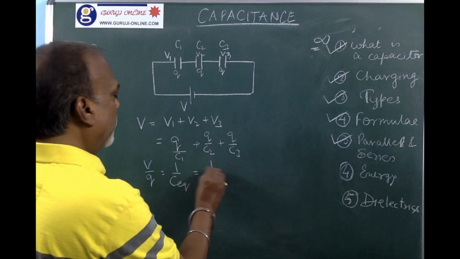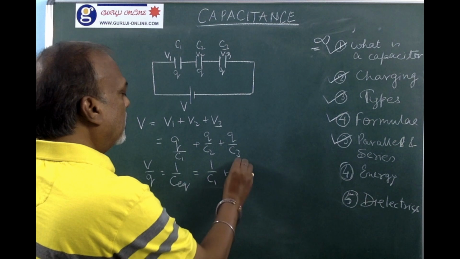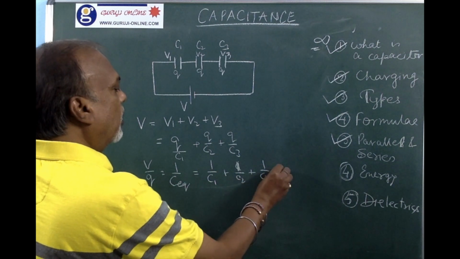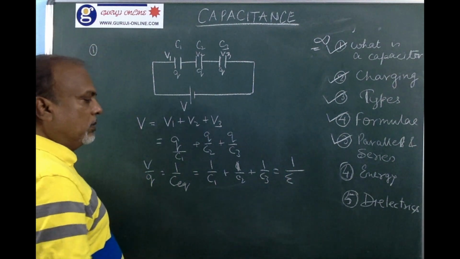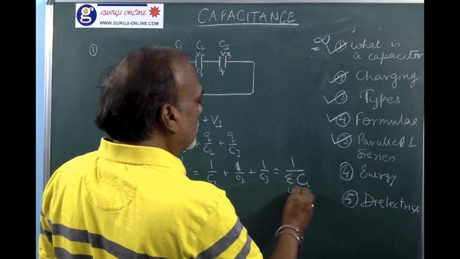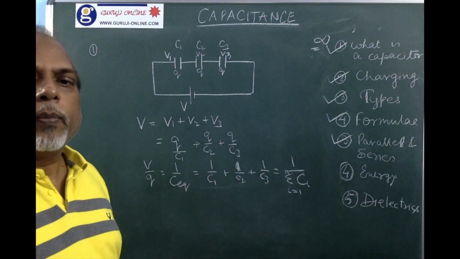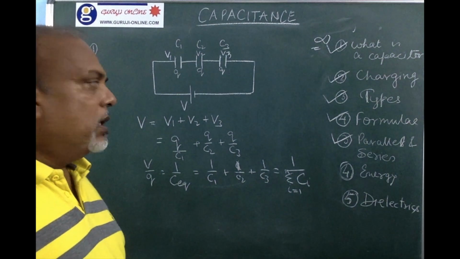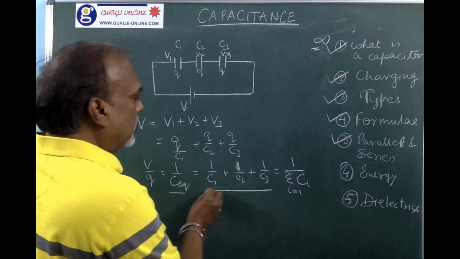This is nothing but 1 upon C1 plus 1 upon C2 plus 1 upon C3. Suppose n number of capacitors are there in series, then you can calculate their equivalent capacitance like this.